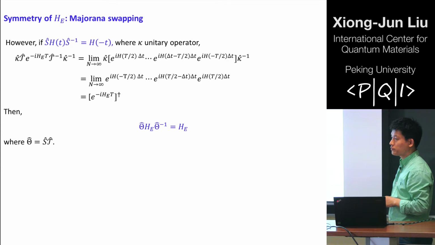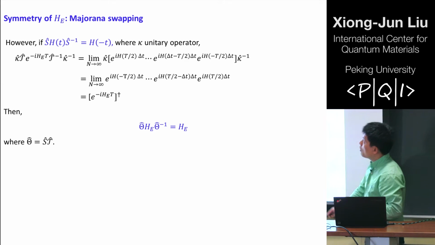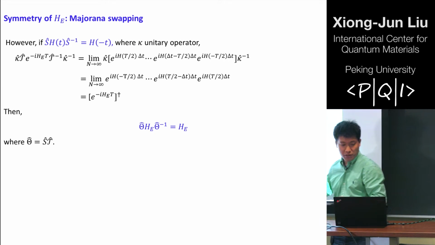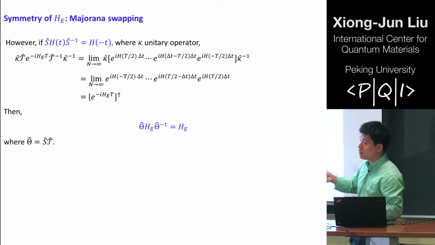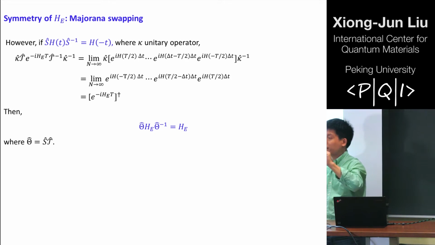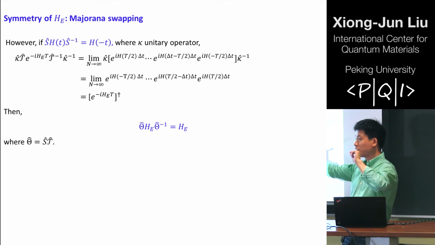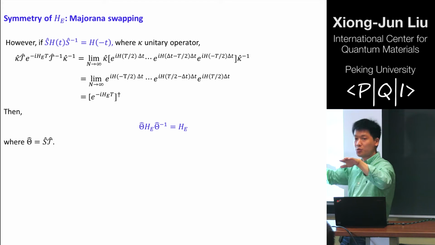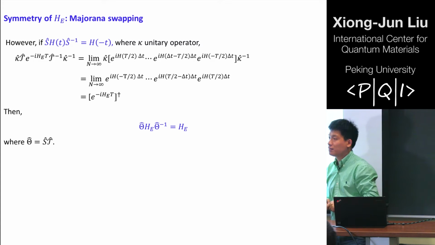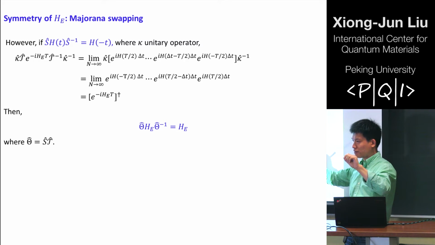So physically, how would you make H of t related to H of minus t? Here I should say that the initial time is minus t half and the final time is t half. I write it down in the symmetric case.